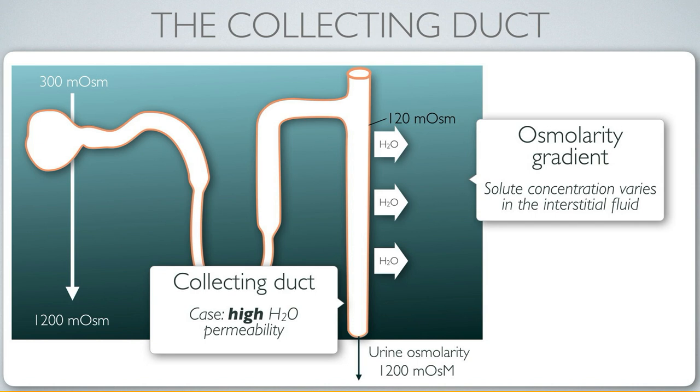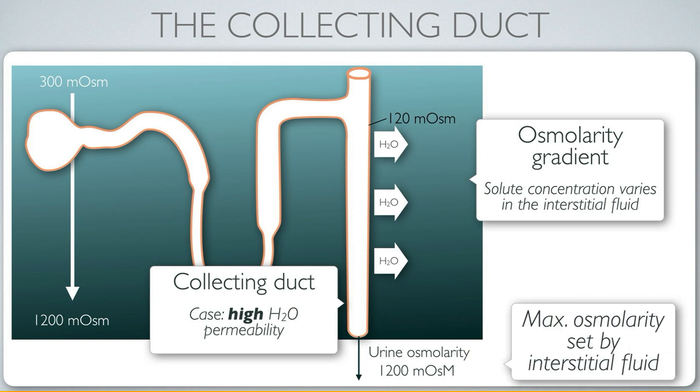It's essentially lots of aquaporins along the collecting duct, allowing for high water permeability and a high concentration of osmolarity, a high concentration of dissolved particles in the interstitial fluid. Now note something here. The maximum osmolarity that can possibly be achieved is set by the interstitial fluid.